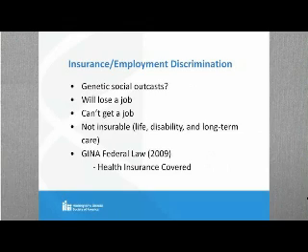It's good to know that a federal law was passed in 2009 called GINA, the Genetic Information and Non-Discrimination Act. And this basically says that you cannot withhold health insurance from a person who has had a positive genetic test. That means all individuals who have tested positive for Huntington's are still eligible for health insurance, and their premiums cannot be raised on the basis of that genetic test.